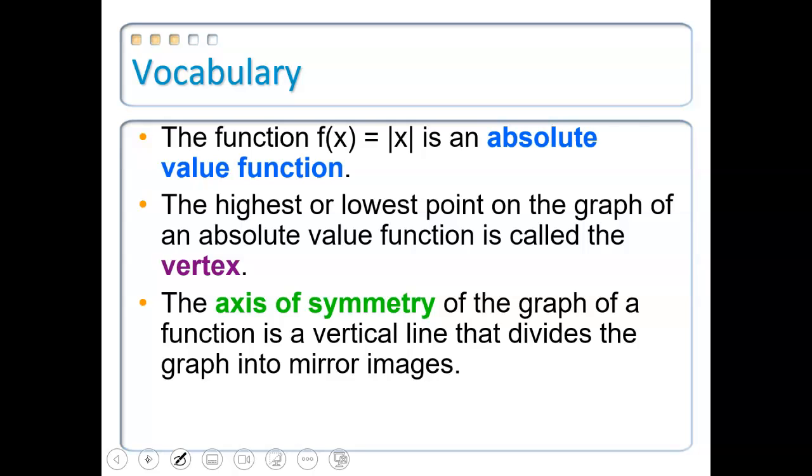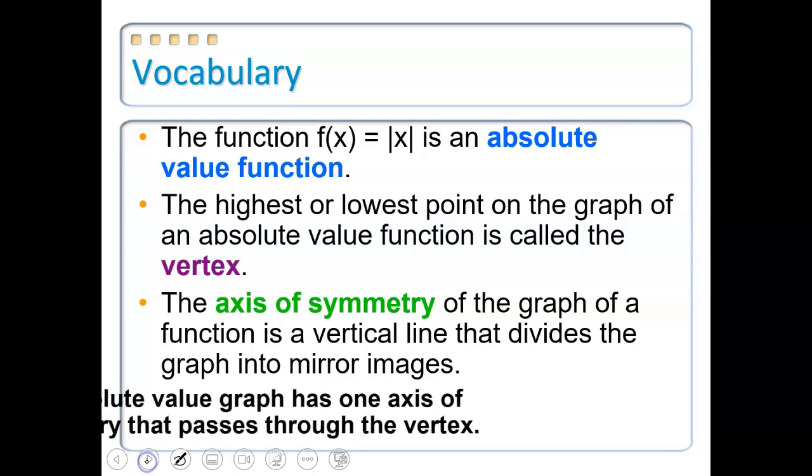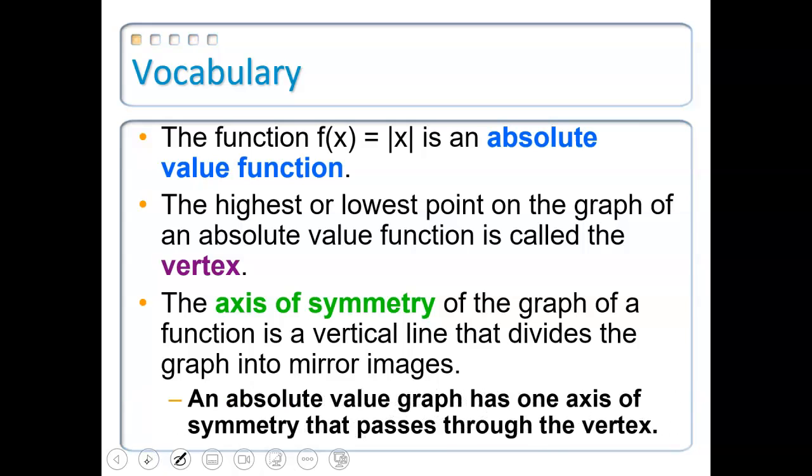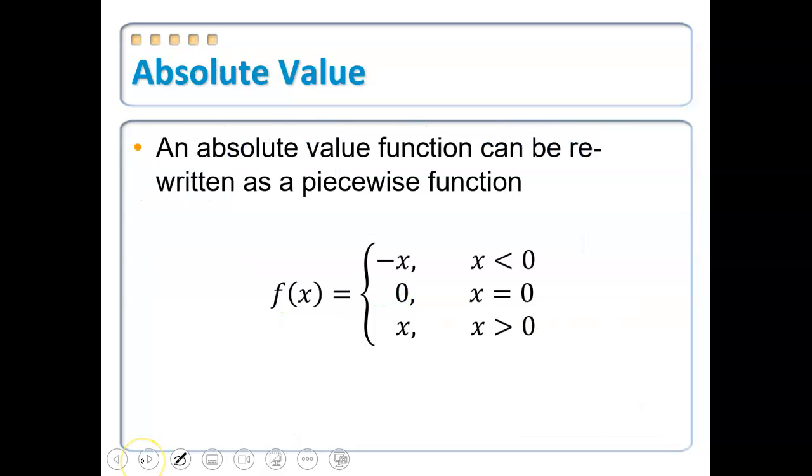So yesterday we talked about the parent absolute value function. We talked about it being the V-shaped curve. I implied that an absolute value function can be written as a piecewise.